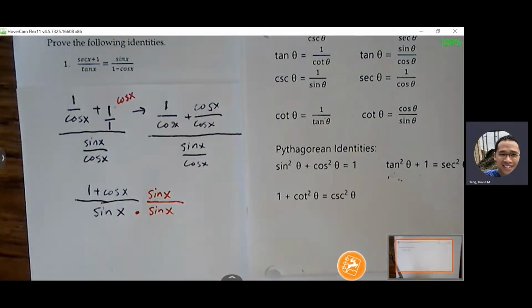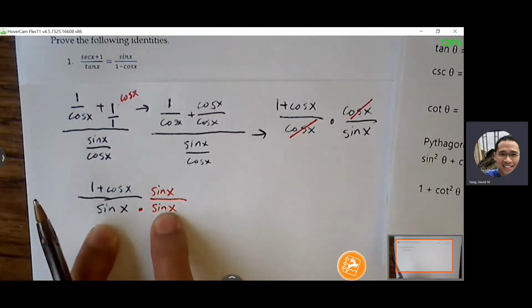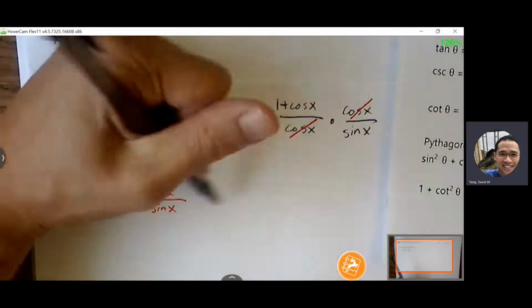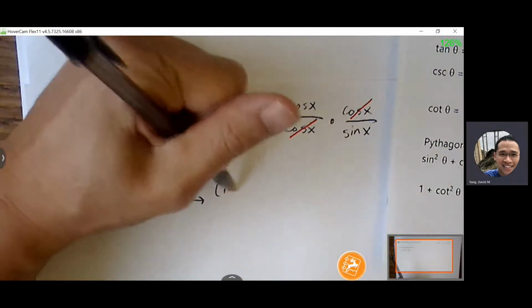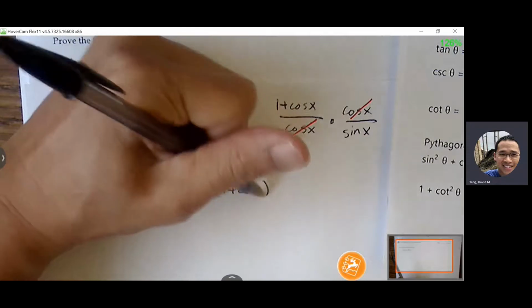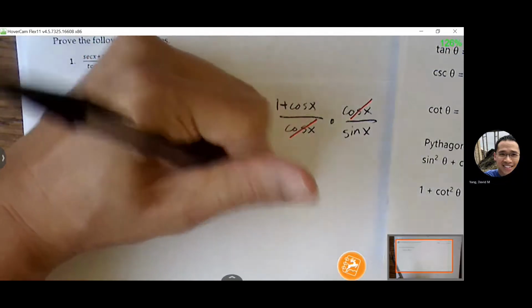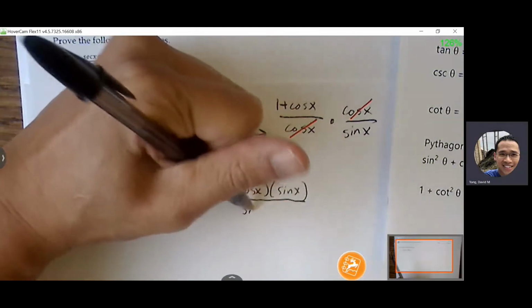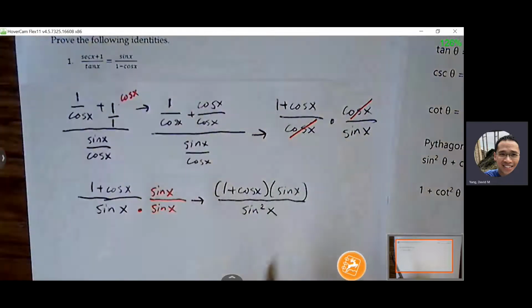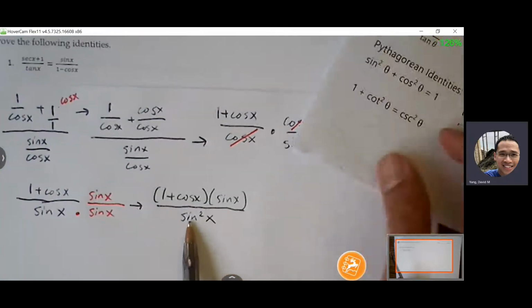Sine x over sine x is basically 1. We're introducing it so that we can have something to work with using a sine squared. So I'm left with 1 plus cosine of x all over sine squared x. Now there's an identity that we can work with.